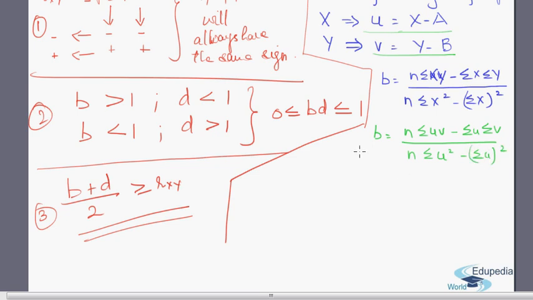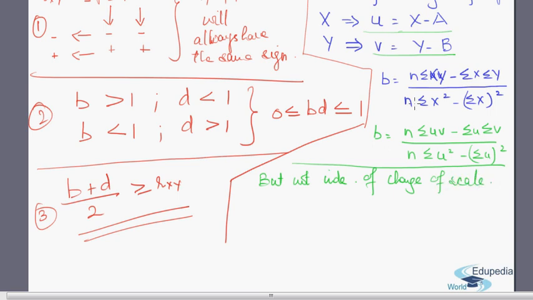Okay, but this is not true if we shift both the origin as well as the scale. It is not independent of change of scale.